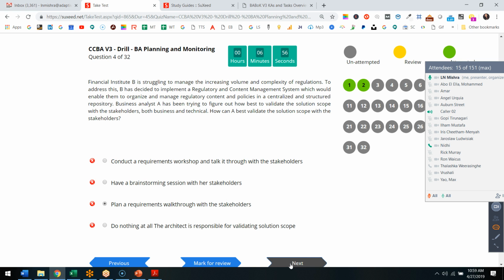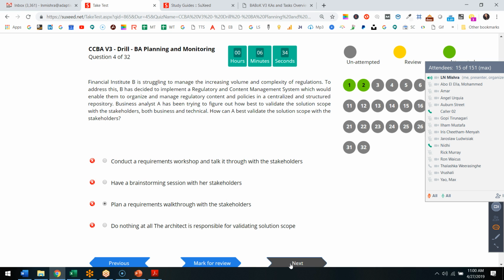Yeah, from the question, how I got it is that at the initial stage they are trying to scope what they're going to discuss or elicit on the requirements. So you decide that requirements are already there because of the words solution scope. No. I'm looking at the word validate.